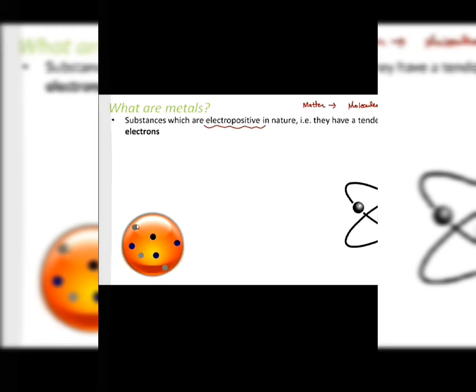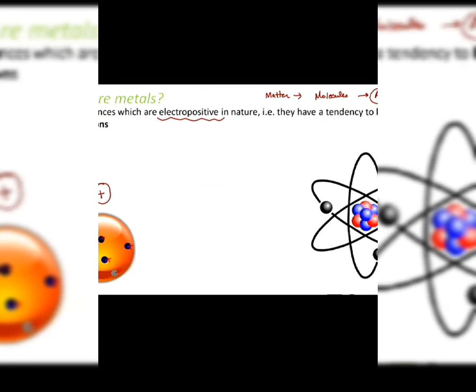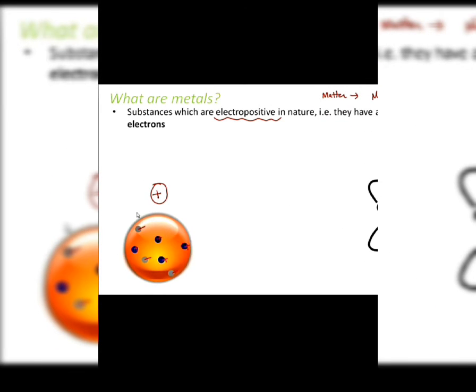What happens to this atom? It now has 4 positively charged particles, and how many negatively charged particles? Only 3. So overall this atom is now positively charged because it has lost one electron. These kinds of substances which always have a tendency to lose electrons and become positive are metals.